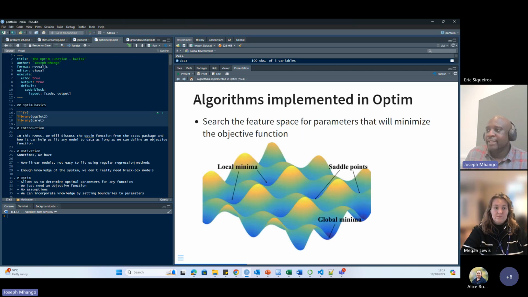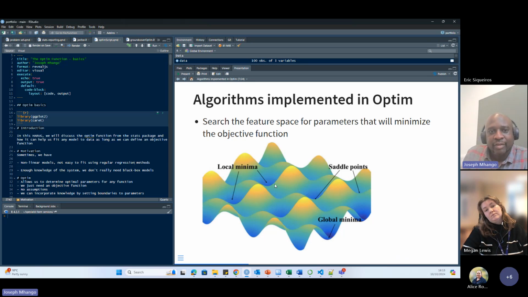And the way it does that is that it considers all the parameters, well, I can say all the numbers that your coefficients would ever take, and it pictures them as a series of hills and valleys.